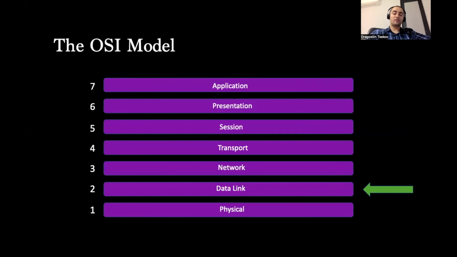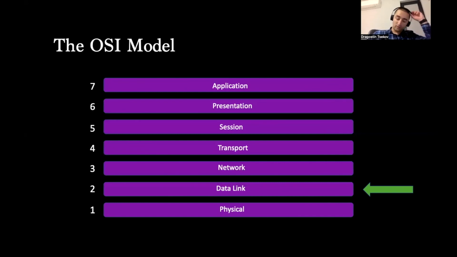One is called MAC, or Media Access Control, and the other one is called LLC, or Logical Link Control. And you're probably already familiar with MAC because you already know what a MAC address is, right? A MAC address is the physical address of a device that usually each device that's connected to a network has.